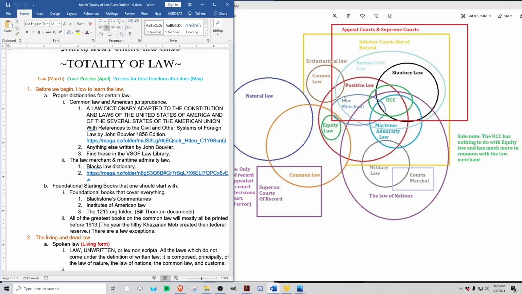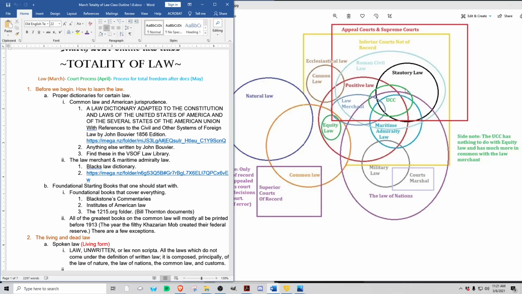They're very closely related, as does Roman civil law have to do with both of them. So you have Roman civil law that encompasses both Law Merchant and Maritime Admiralty law. And then the UCC is a sect of basically all four of these, or actually five of them: Law Merchant, Maritime Admiralty law, statutory law, Roman civil law, and positive law, because positive law is just every man-made law.